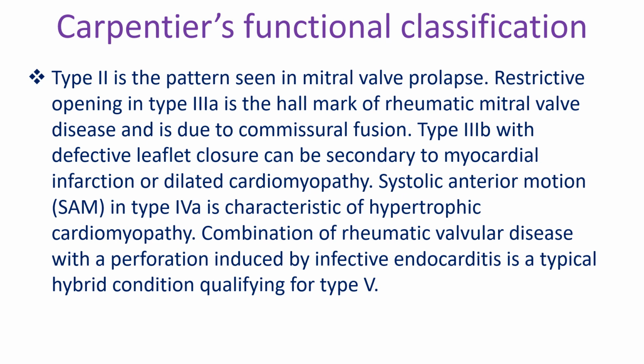Type 3B with defective leaflet closure can be secondary to myocardial infarction or dilated cardiomyopathy. Systolic anterior motion in type 4A is characteristic of hypertrophic cardiomyopathy. Combination of rheumatic valvular disease with a perforation induced by infective endocarditis is a typical hybrid condition qualifying for type 5.